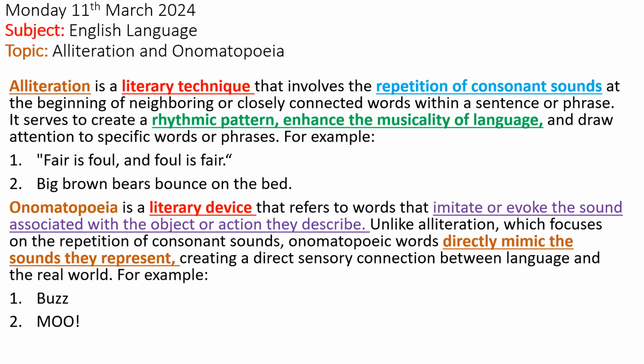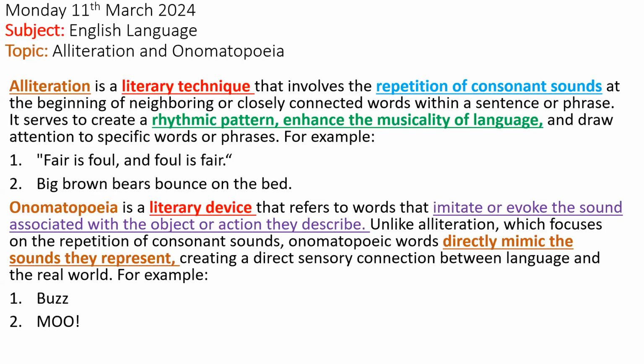You can't just use random words, but you have to make sure the words are connected in some way, like fair is foul, foul is fair, or big brown bears bounce on the bed. It completes a sentence, or a thought. So when you use it, you want to use it inside of something that is complete.